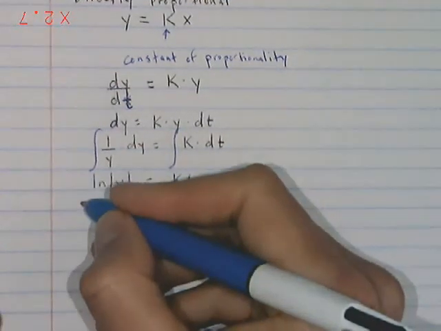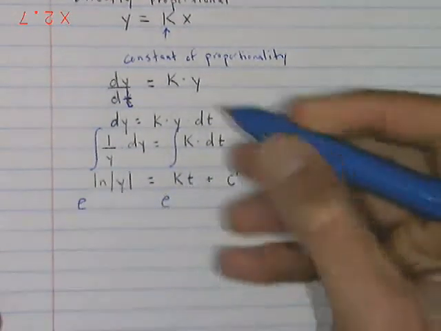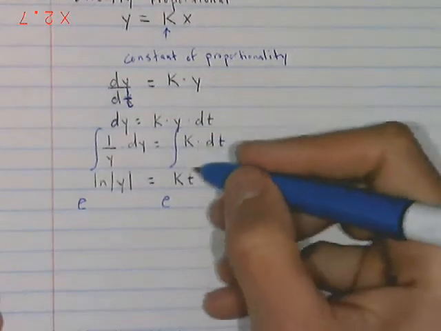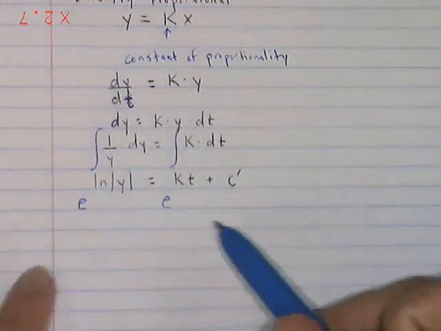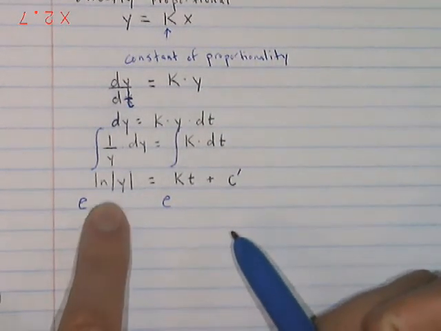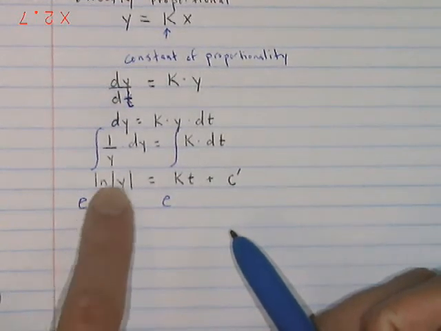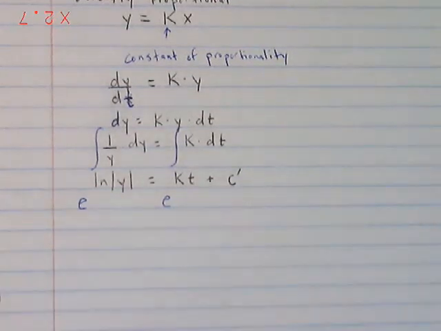We're going to do an e to the on both sides. So now these guys are living in exponent land. On this side, it has the effect of making the inverse magic happen, and what's left is just y.